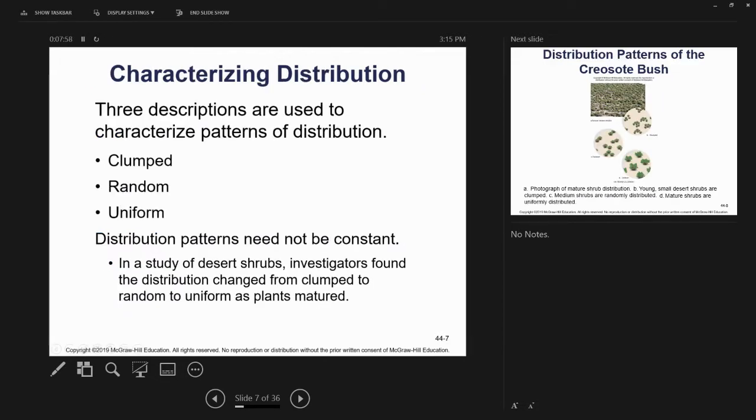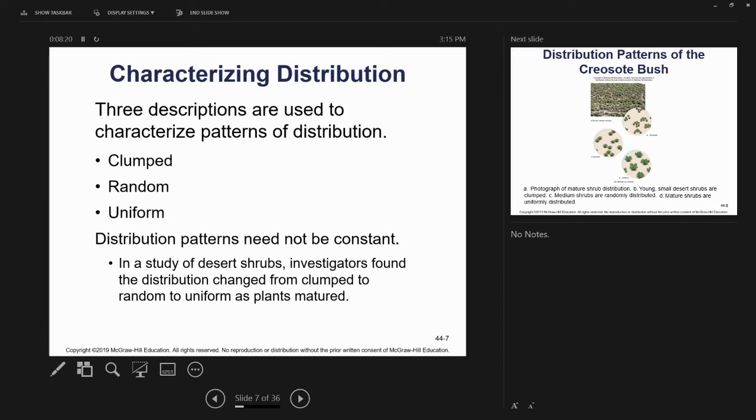So if we want to characterize the distribution of a population, there are basically three descriptions we can use. And when we look at any population, we can find all the individuals clumped together. We can find them randomly distributed in a given area, or we can find uniform distribution, evenly spaced out.